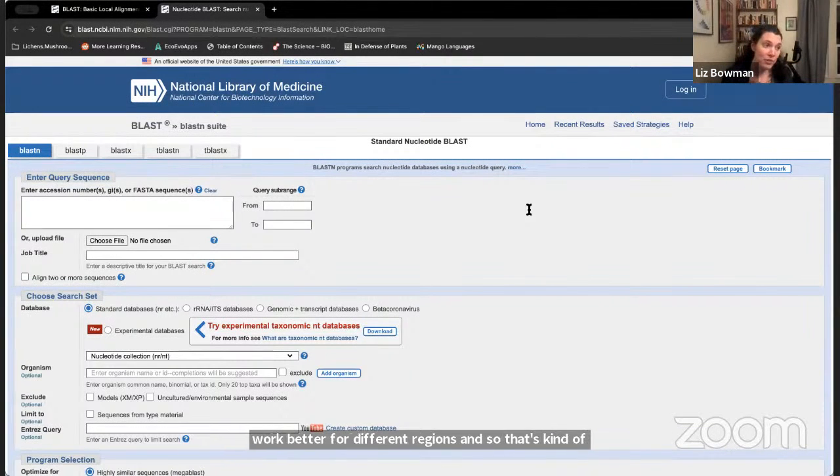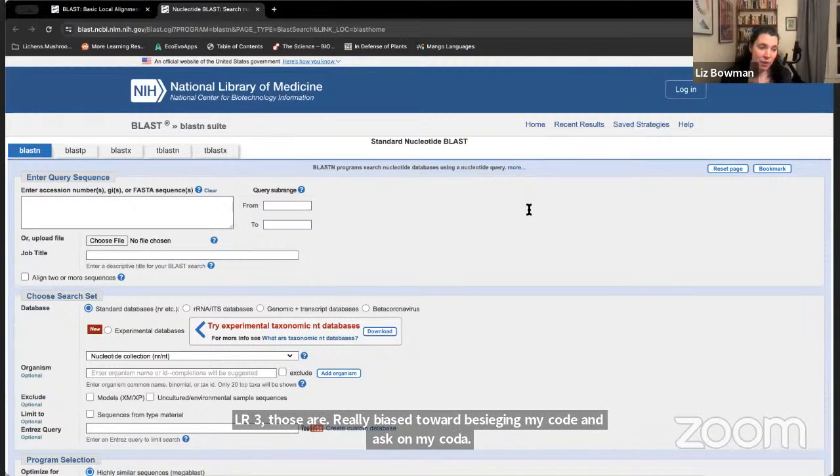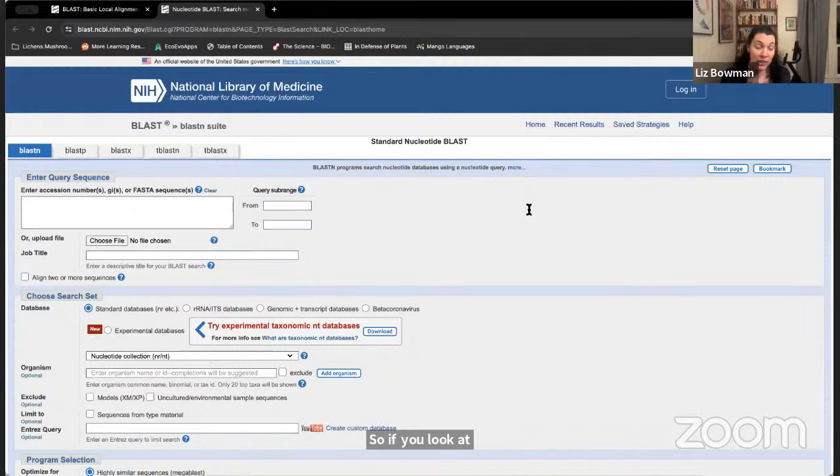The primers that are generally used, like ITS1F, which is really popular, and ITS4 or LR3, those are really biased toward Basidiomycota and Ascomycota. So if you look at these environmental sequencing papers, you'll find a lot of Ascomycota and Basidiomycota, but you're missing a lot of the basal fungal groups.